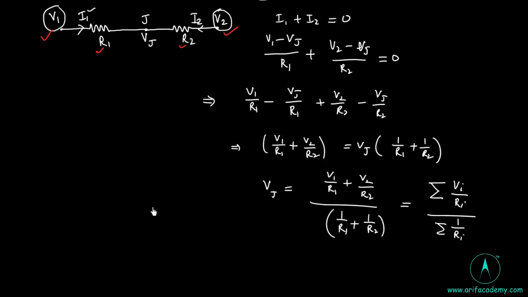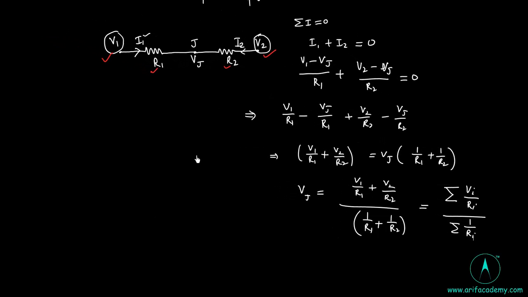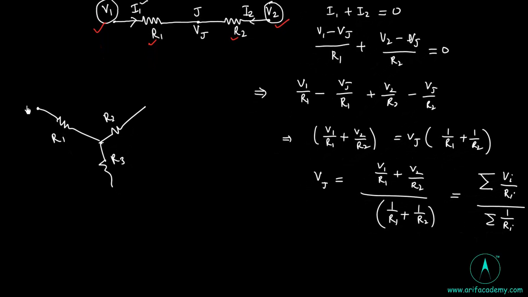I want to elaborate this law. If we have more than 2 resistors, I mean if I have 3 resistors like this, and this is R1, this is R2, this is R3, and the potentials of their ends V1, V2 and V3 are given, and we are asked the potential of this junction Vj.